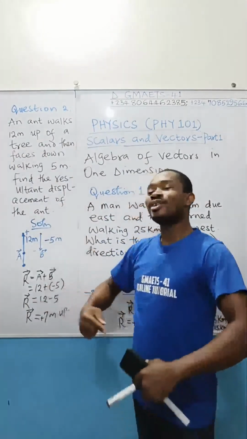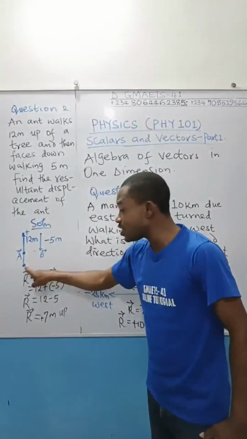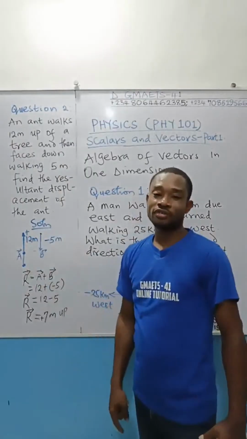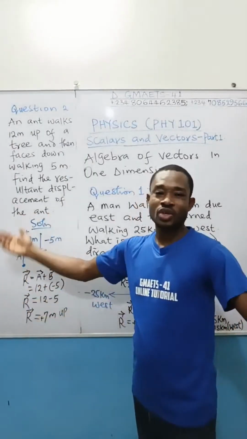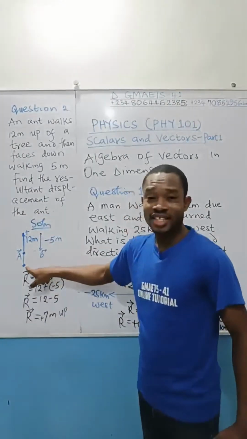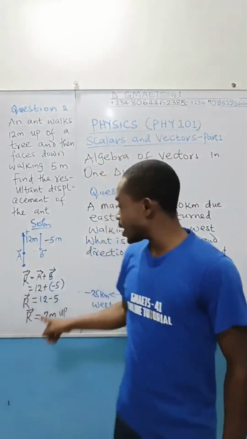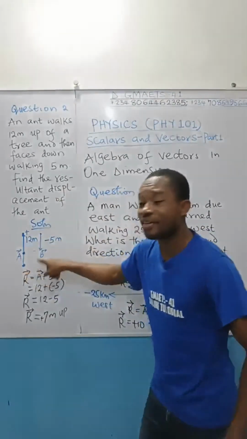The only time we can conclude that yes, the ant is now down per se is if it crosses this starting point, assuming that the downward movement was greater than 12. Let's say something like 13, 14, 15, 12 point something. It means it has crossed the starting point. Then, according to vector analysis, since it has crossed this starting point, it is no longer within the upward direction.